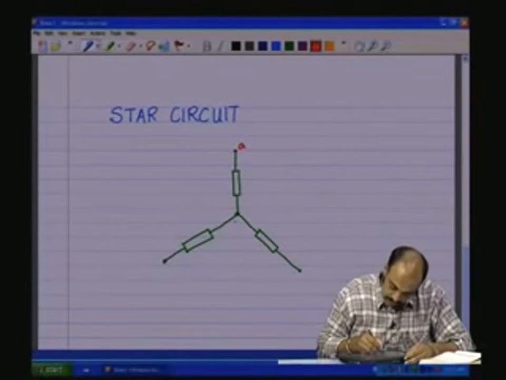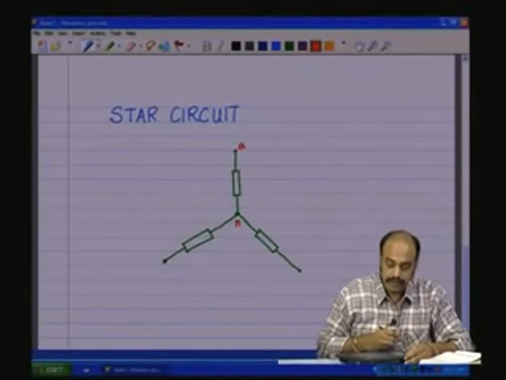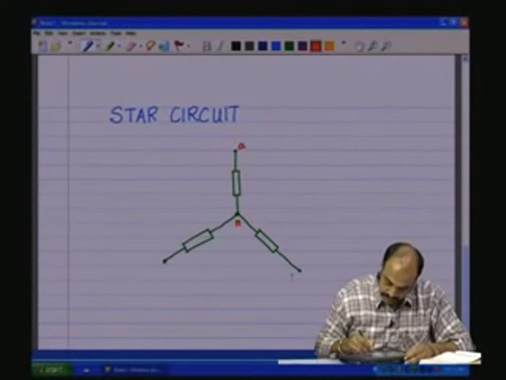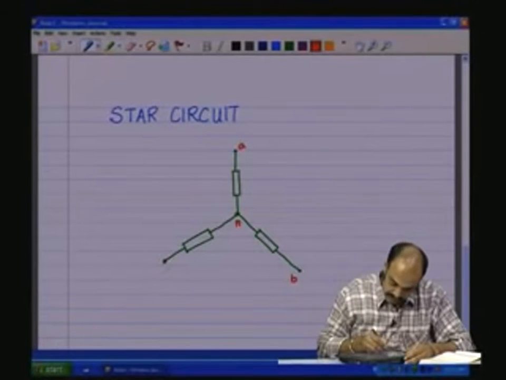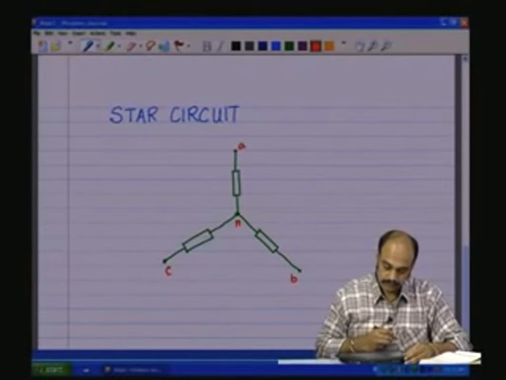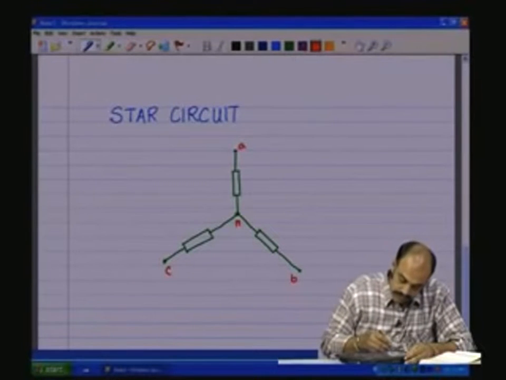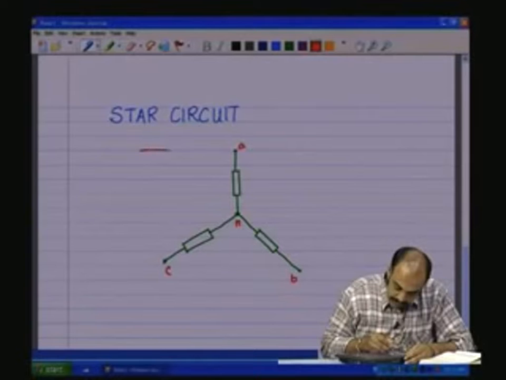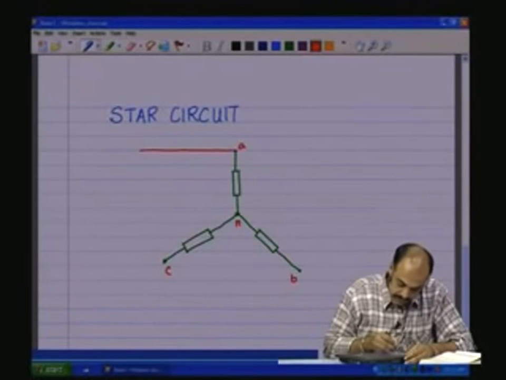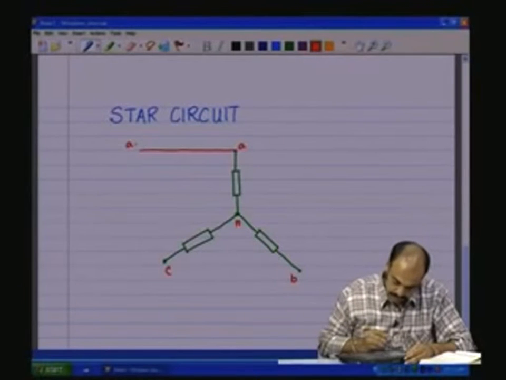So, let us call this terminal A, this the neutral point N, this terminal B, this terminal C. And to these terminals you are applying the voltages.